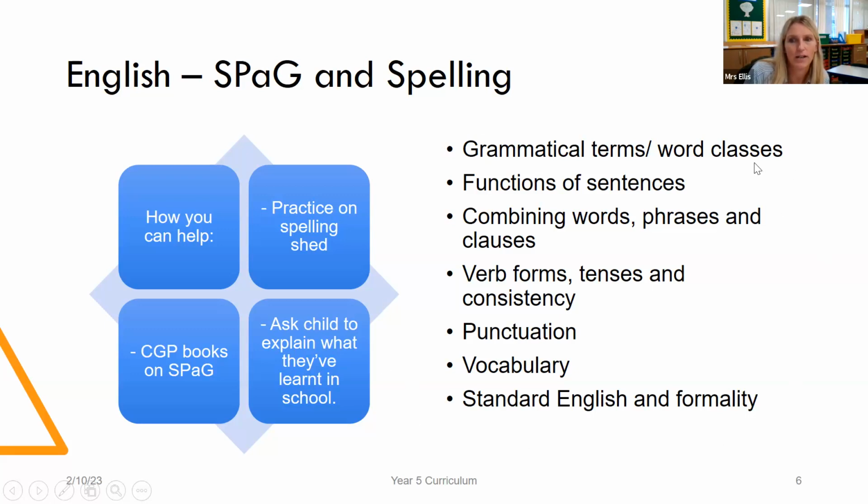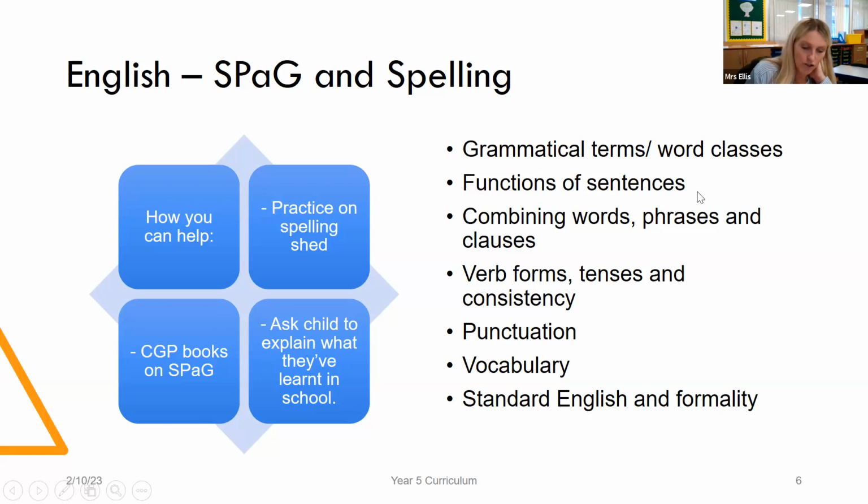It could be looking at grammatical terms and word classes, so adjectives, adverbs, nouns, verbs, synonyms, antonyms, all those grammatical terms that we use for words. If we throw them at children every day, they get to know what those words are.